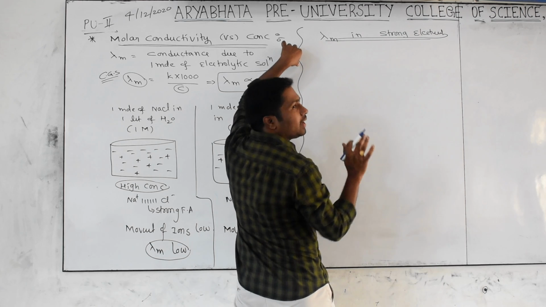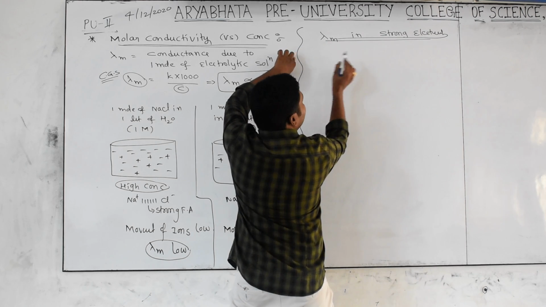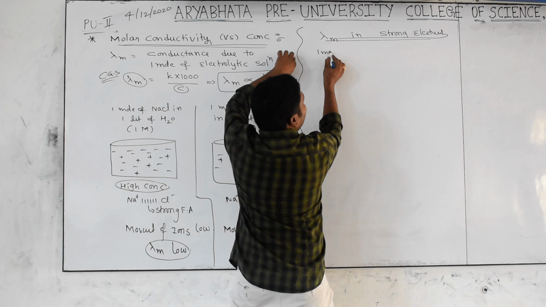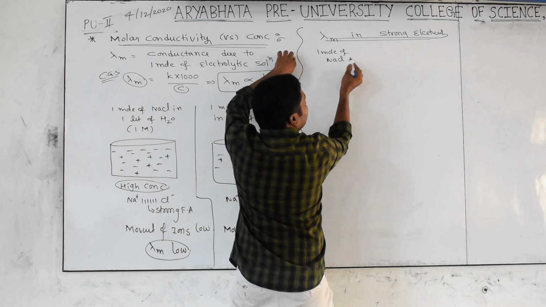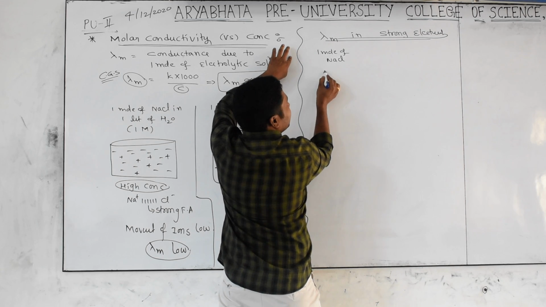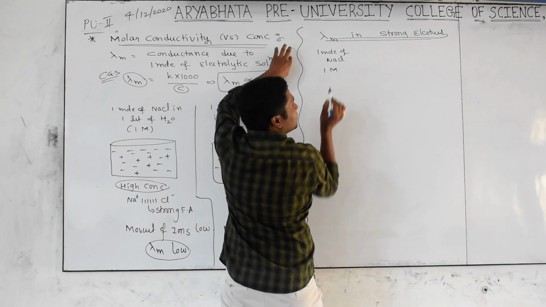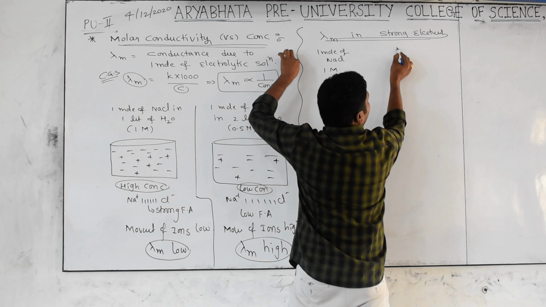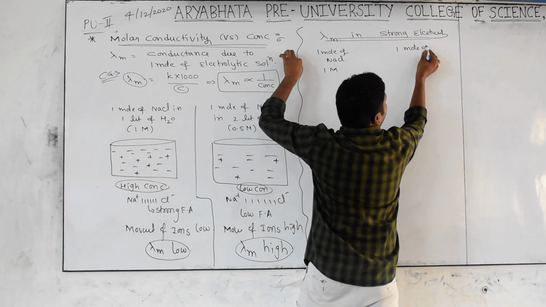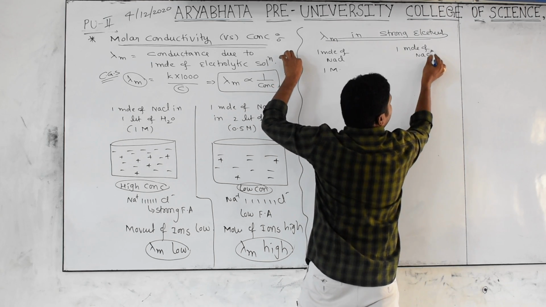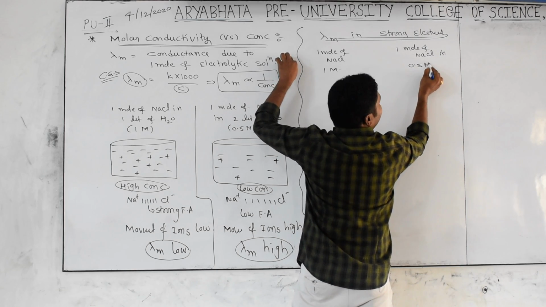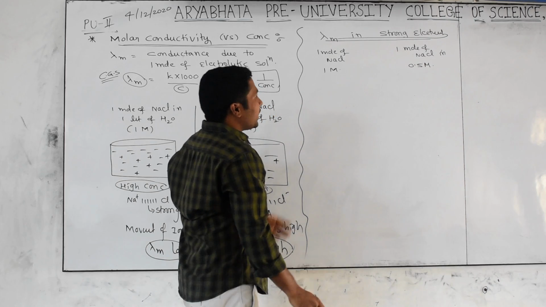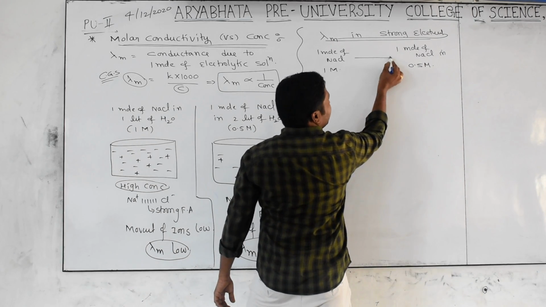100% undergoing ionization. For example, I take 1 mole of NaCl in 1 liter, then we get a 1 molar solution. The same 1 mole of NaCl I take in 2 liters of solution, then we get 0.5 molar. From here to here, what are you doing?